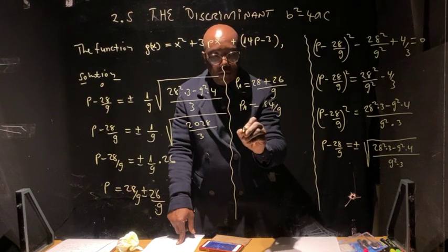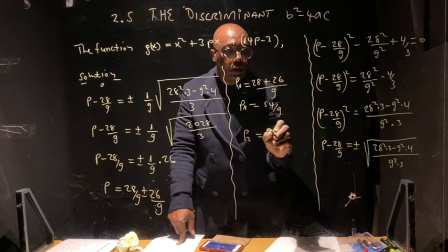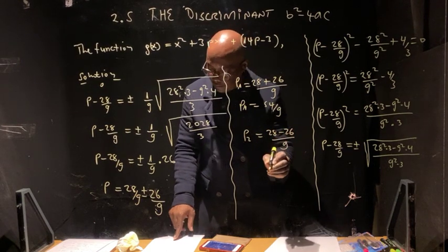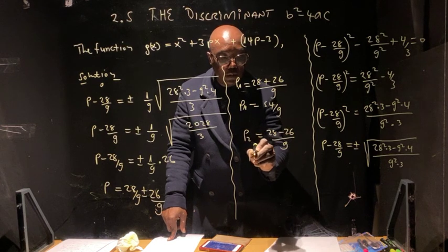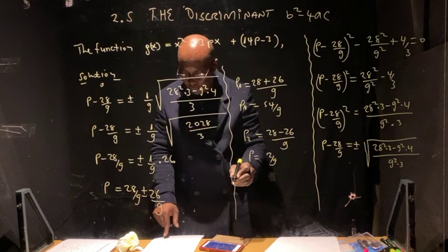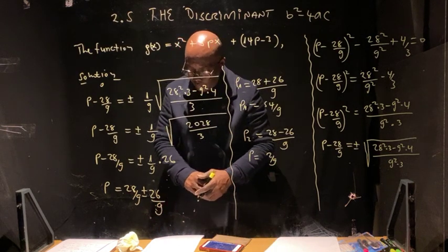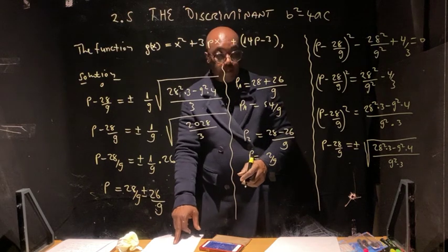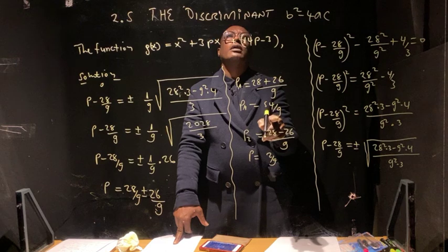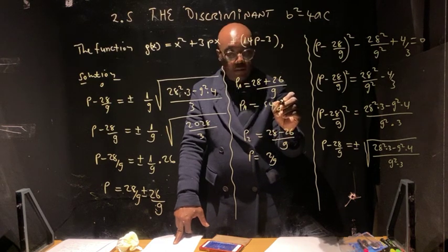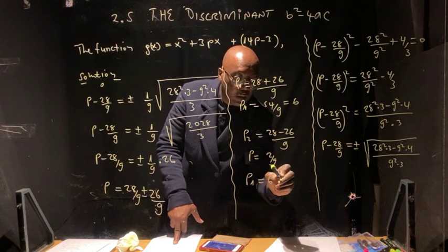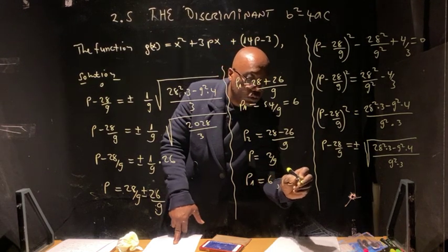Then you have P2 equal 28 minus 26 over 9. P2 equal 2 over 9. This one, P1, 54 over 9 is equal to 6, right? So you have P1 equals 6, whilst P2 equal 2 over 9.